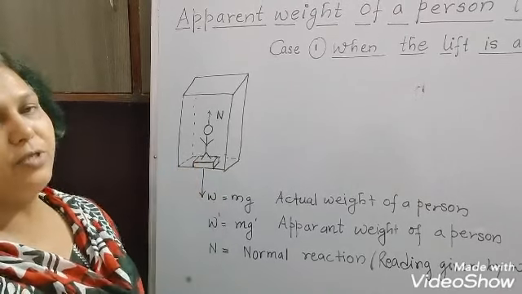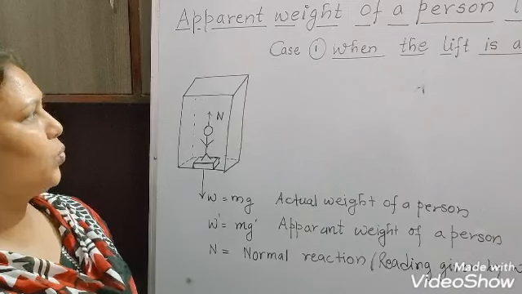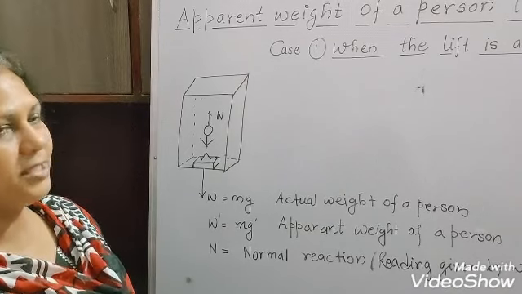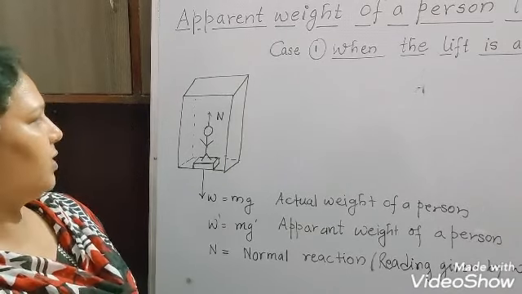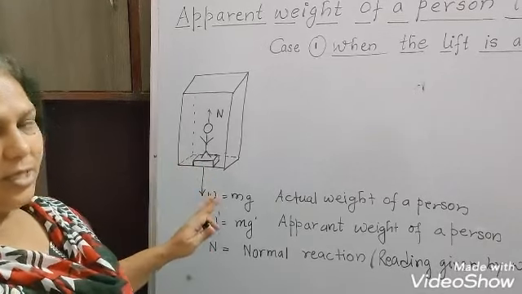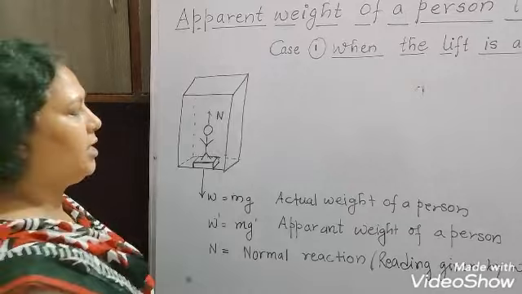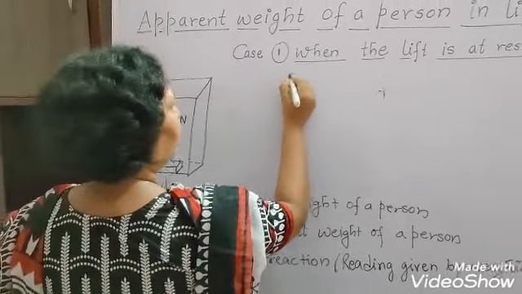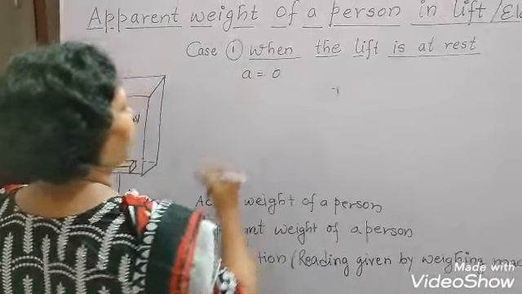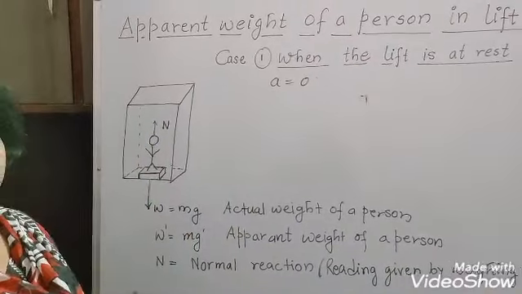Okay. So first of all, we'll see case 1, when the lift is at rest. Because the lift is at rest in this setup, no acceleration is there. That means the acceleration is 0 because it is in a rest position.